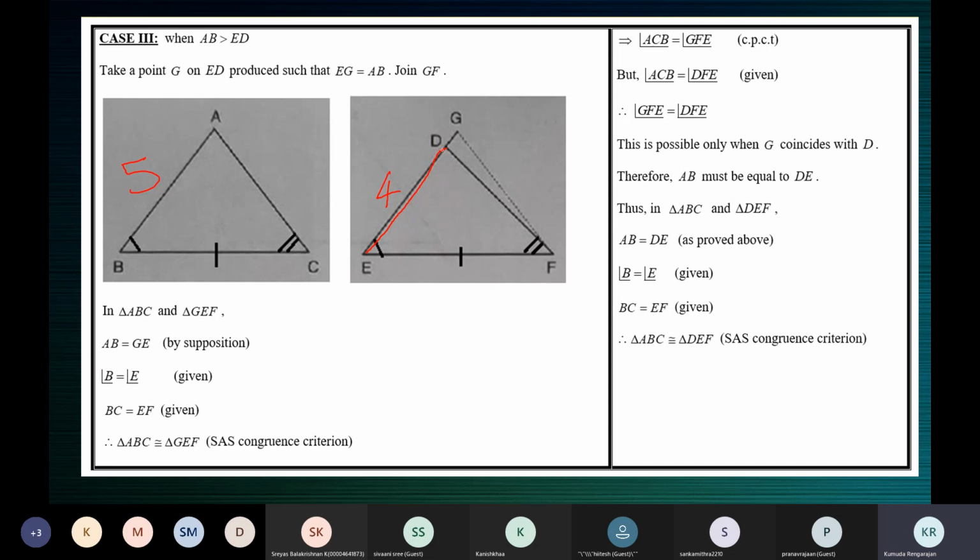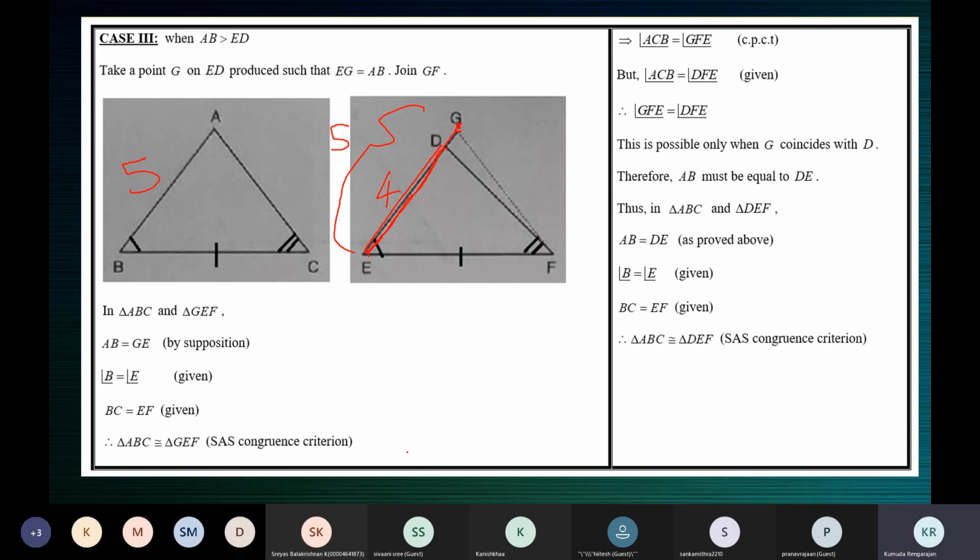We should take a point G on ED produced, because you want 5 centimeters. You will produce the side ED and take a point G such that GE is equal to 5 centimeters.